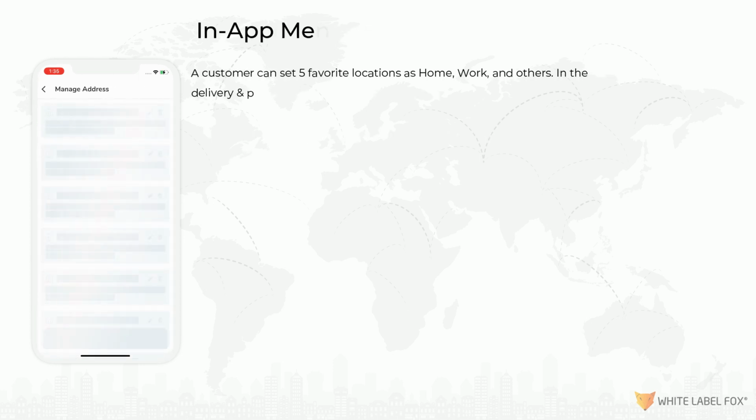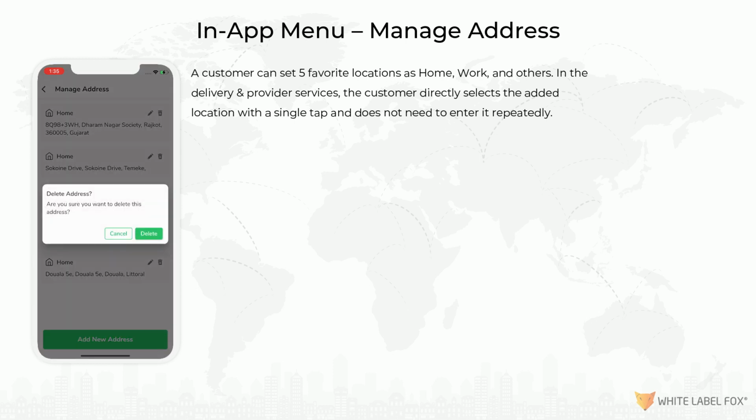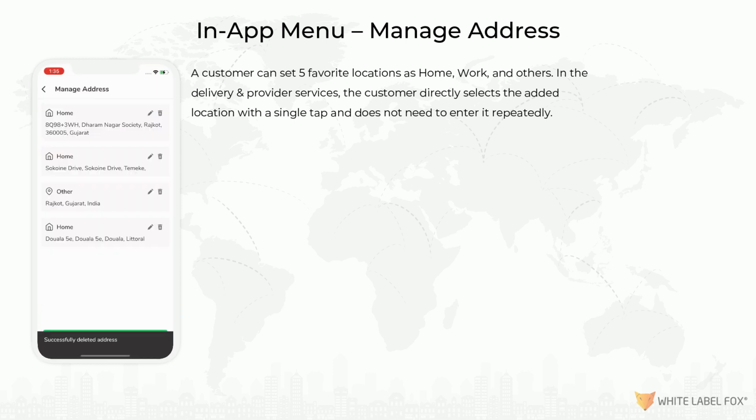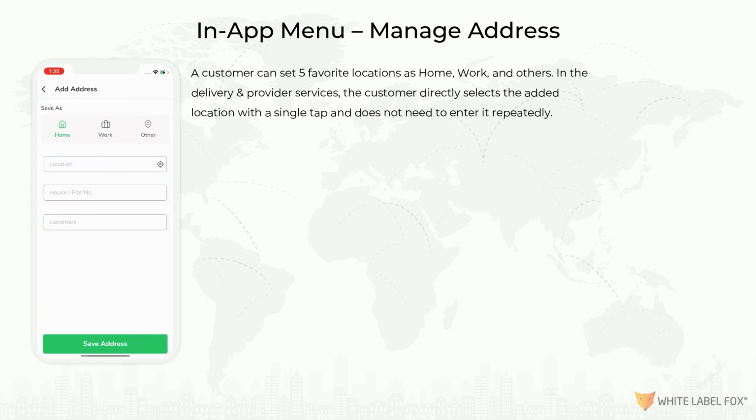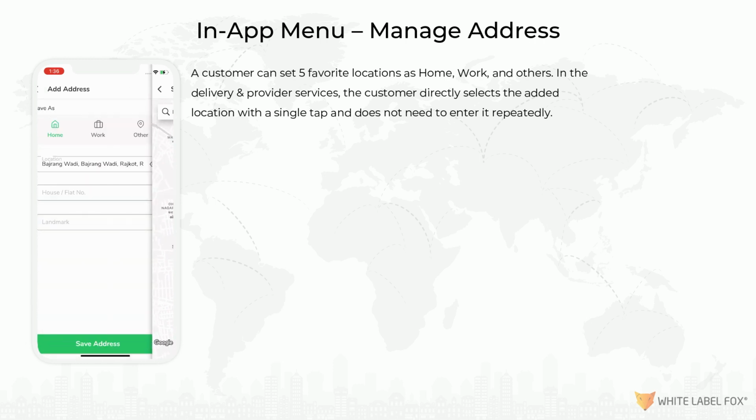In-app menu, manage address. A customer can set 5 favorite locations as home, work, and others. In the delivery and provider services, the customer directly selects the added location with a single tap and does not need to enter it repeatedly.